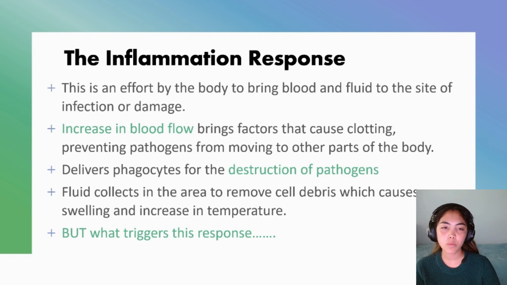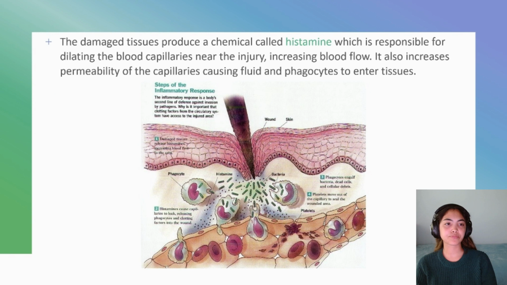But we know that our body becomes inflamed due to an immune response, so what actually is triggering this, right? So I've got here damaged tissues. Maybe this is a bee sting that's come through.